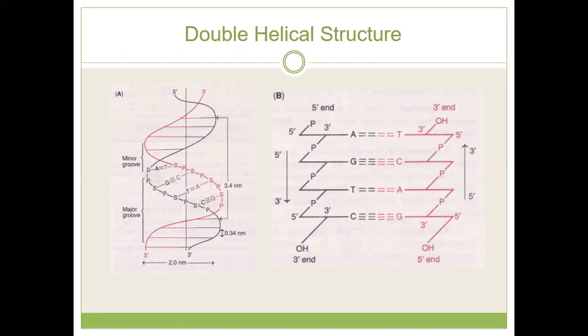Now, the melting temperature of DNA differs depending on the content of the DNA. If you have a DNA, now listen to me, class. If you have a DNA that has so many guanine and cytosine, and another DNA with so many adenine and thymine, which one do you think will need a high temperature before the DNA will be denatured?